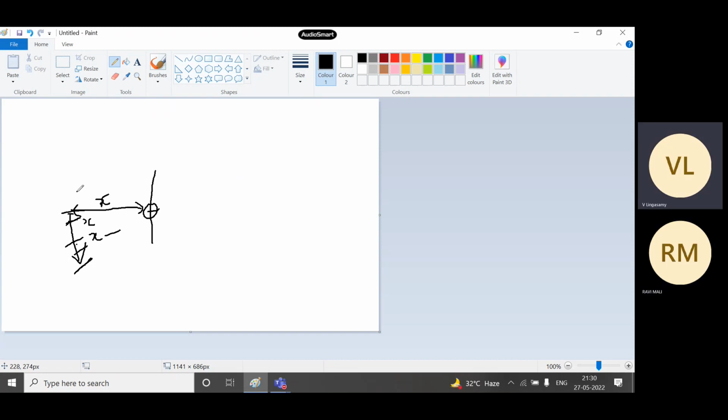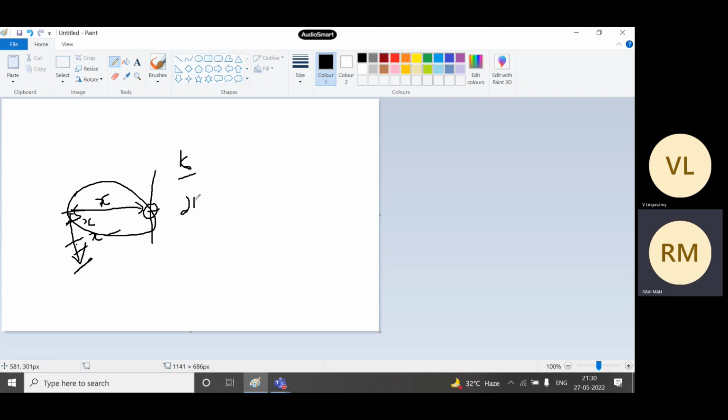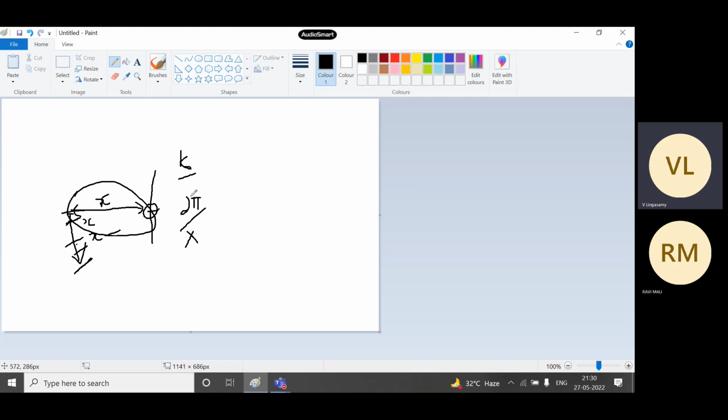So how these phases are calculated is very simple. You have to multiply K naught into the length, where L is the length. K naught is 2 pi by lambda, right? So how do I calculate the phase? Let's say the length X is equivalent to some y lambda.